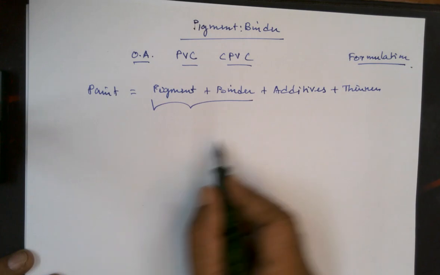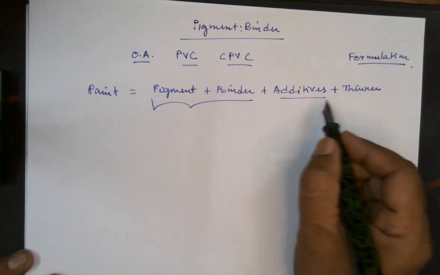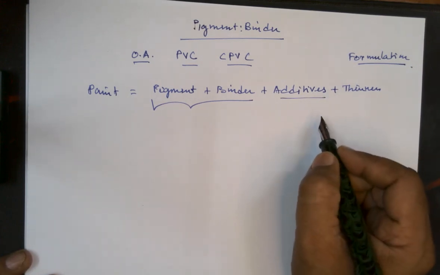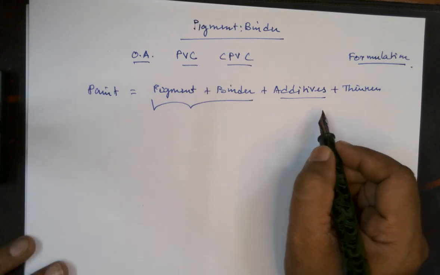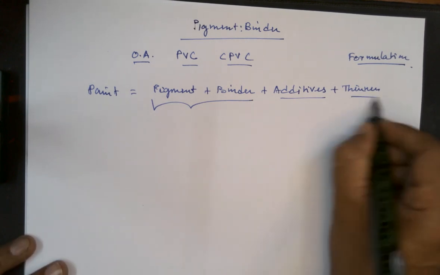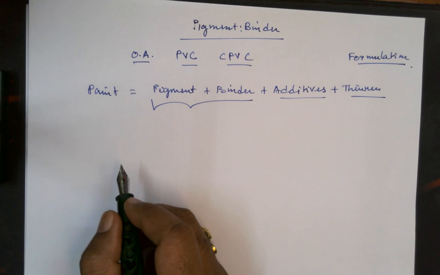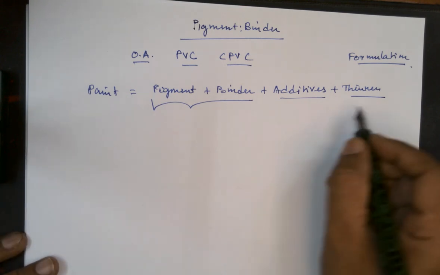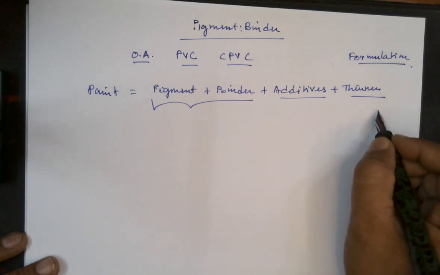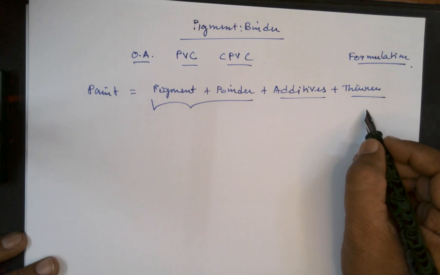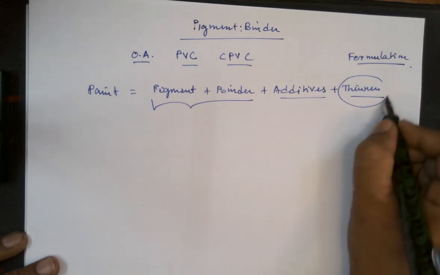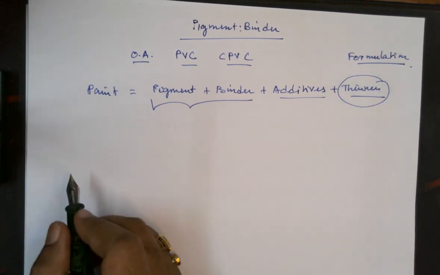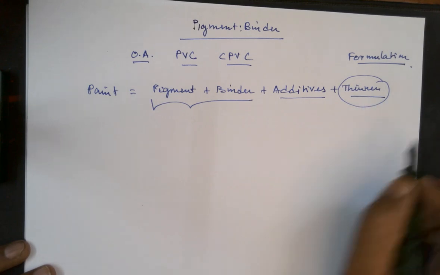Additives are added in small quantities for a particular purpose, and thinner is used to adjust the viscosity and obtain a better type of application. For example, if it is a spray type, dip type or brush type, we have to adjust the viscosity using this thinner. Thinner is a blend of solvents.